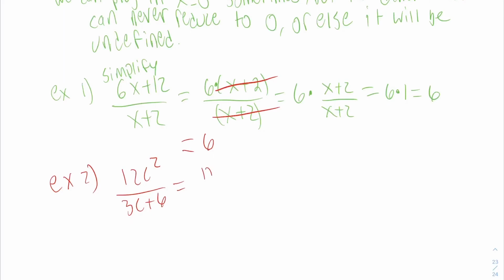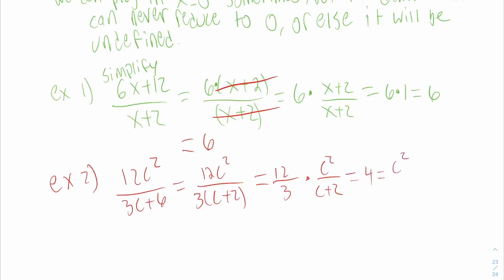But if we factor out the bottom, if we get a common factor, we can pull out a 3 and get c plus 2 on the bottom. And then this 3 can reduce with the 12. We can do 12 over 3 times c squared over c plus 2. And then this 12 over 3 can become the number 4. 4c squared over c plus 2. And this 4 is multiplying the c squared.